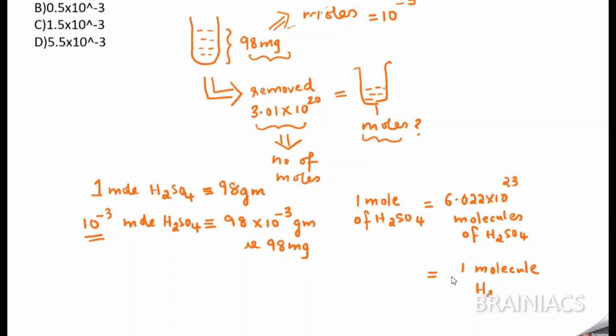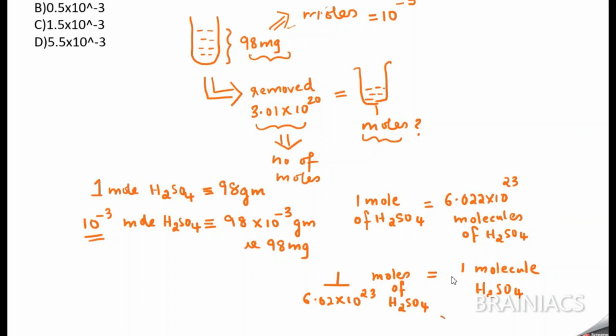When you divide by 6.022 into 10 power 23, it will become one molecule of H2SO4. When you divide on the RHS, do it on the LHS. So this will become 1 by 6.022 into 10 power 23 moles of H2SO4. Correct.